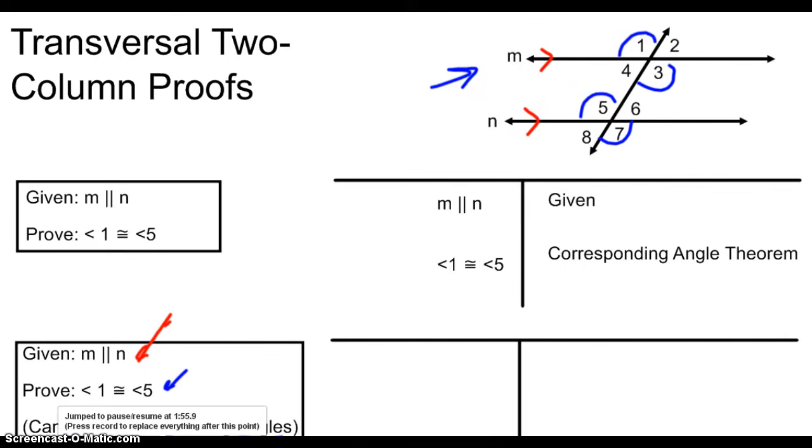And so what I can do is, instead of going straight from 1 to 5, I can say, well, 1 is congruent to 3 because they're vertical angles. And 3 is congruent to 5 because they're alternate interior angles. And then since 1 is congruent to 3, which is congruent to 5, then 1 is congruent to 5. Okay, and that's all we're going to do.